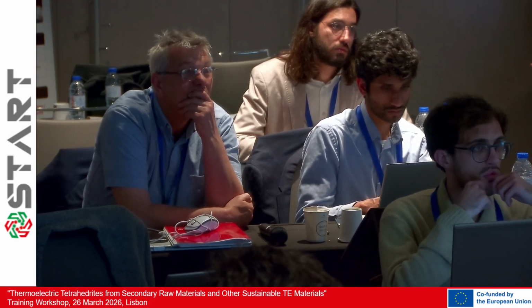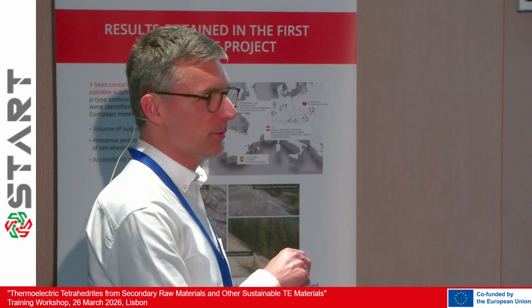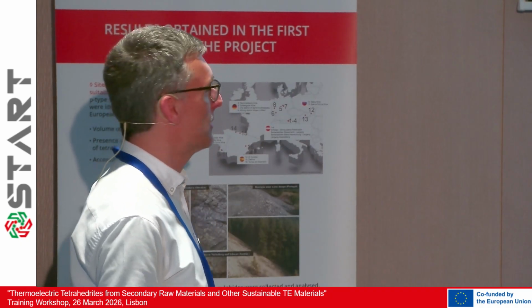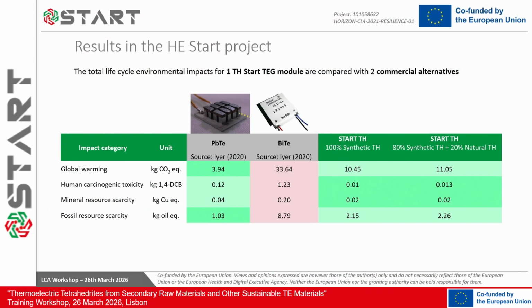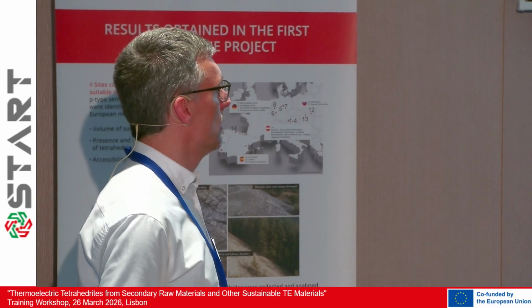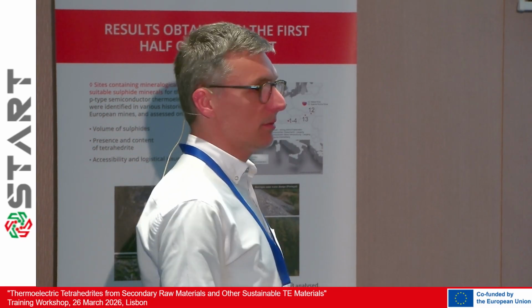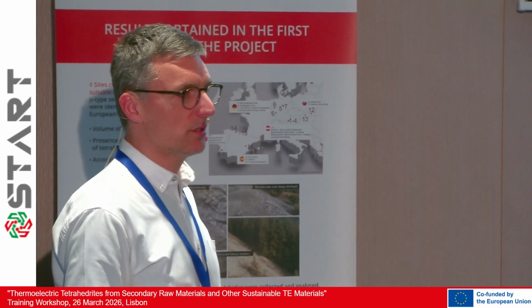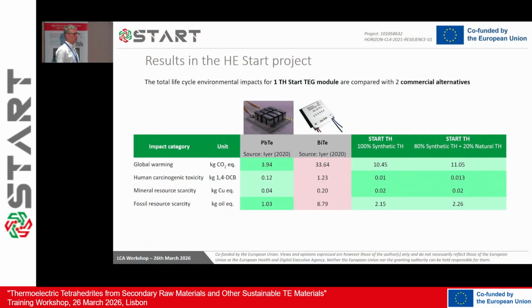Maybe the choice of colors gives a somewhat positive idea, but actually lead is worse than tetrahedrite, though it still shows up a bit better than bismuth. So here maybe is a point of questioning. But from what we have made in terms of analysis, it is aligned with what the literature is also showing.